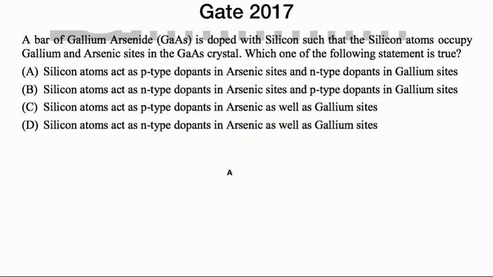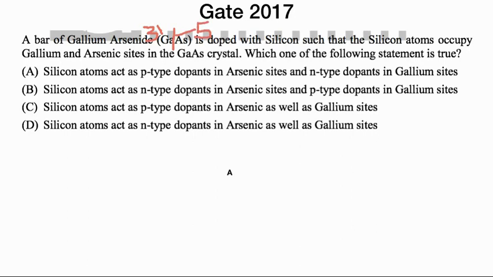Now let's solve this question. You can see that gallium arsenide is composed of two elements, gallium, which is group 3, and arsenic of group 5.